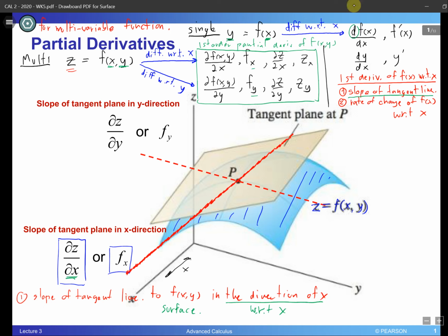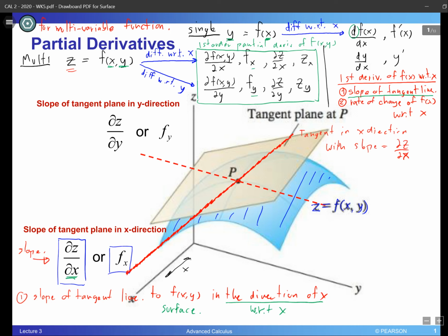So let's make a note right here. This is the tangent in x direction, and that's going to be this. The slope of that is going to be the dz by dx slope, with slope equal to dz by dx.